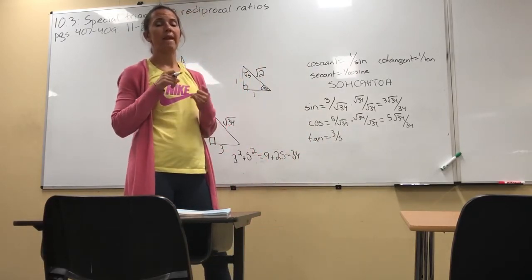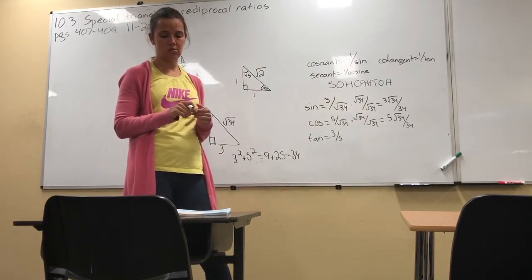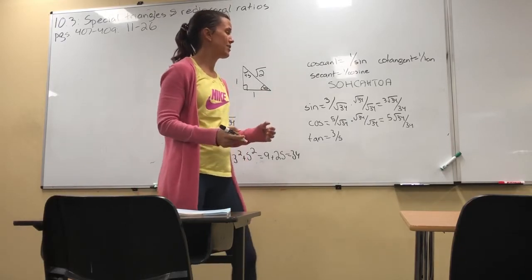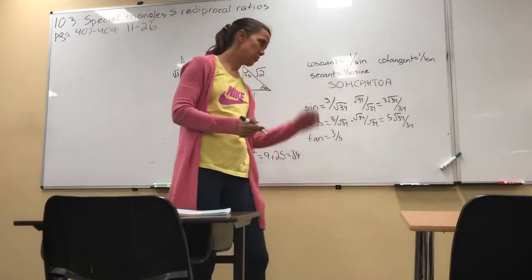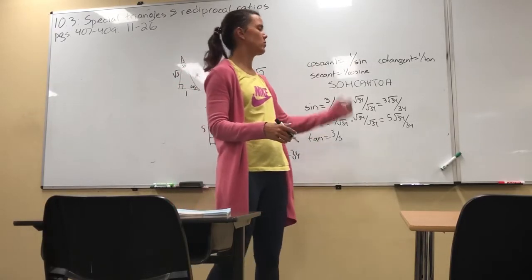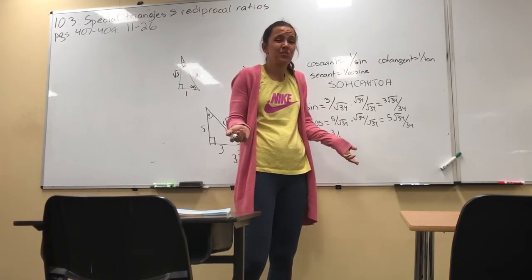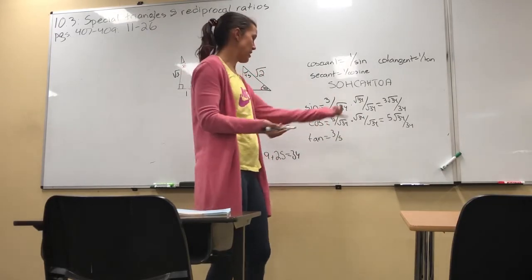Now we have to find cosecant, secant, and cotangent. Well, it's the inverse. We have fractions here, so you could say, I've got to figure out what 3 square root of 34 over 34 is, and then do 1 divided by that. You could also just flip it. Remember, the inverse is just flipping the fraction.